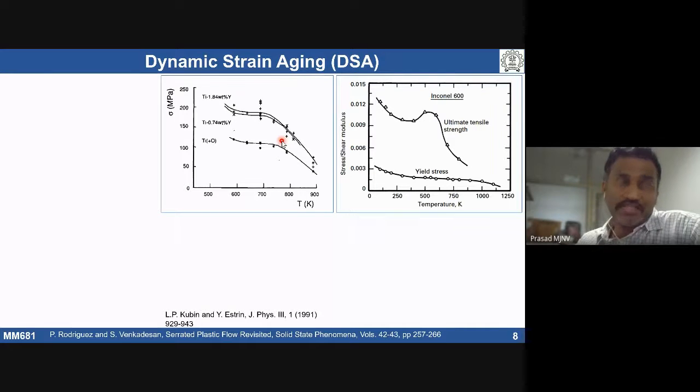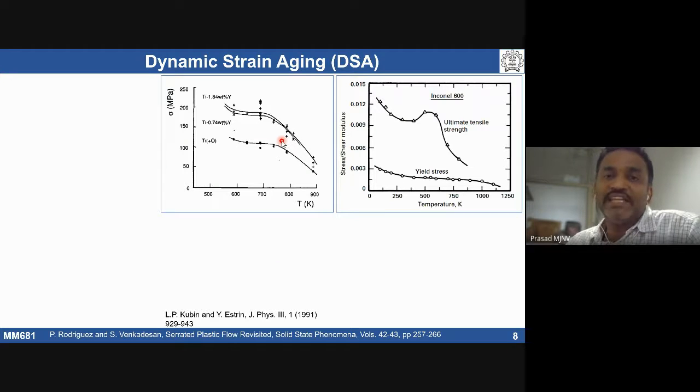That is called blue brittleness. The word blue comes from the surface appearance. When you heat the steel around that temperature, some oxide forms, and that oxide makes the surface of the material blue in color. That's why they call it blue brittleness.